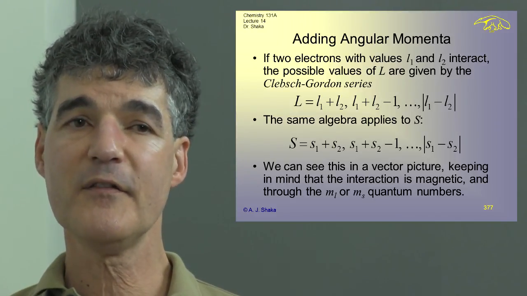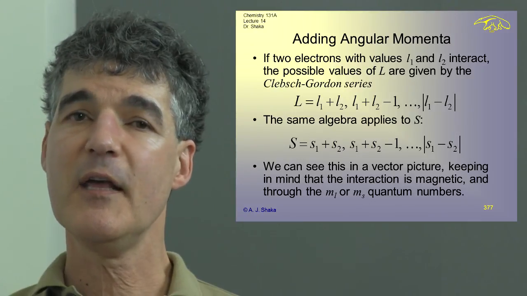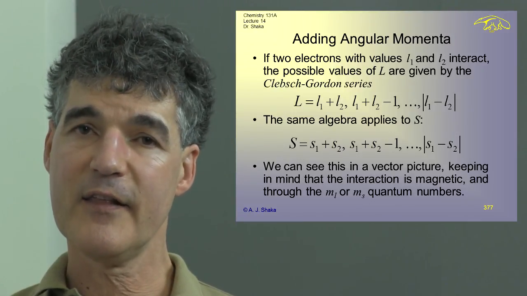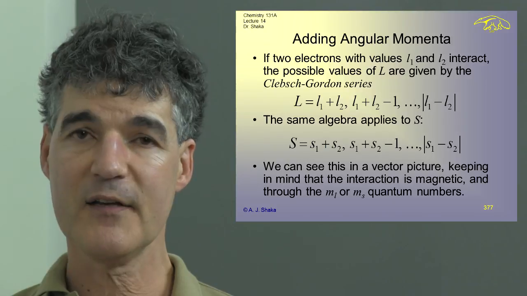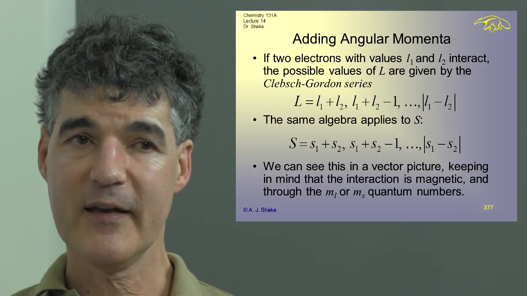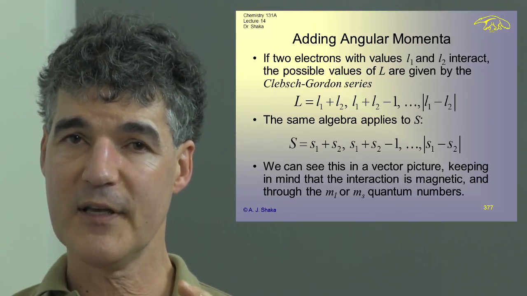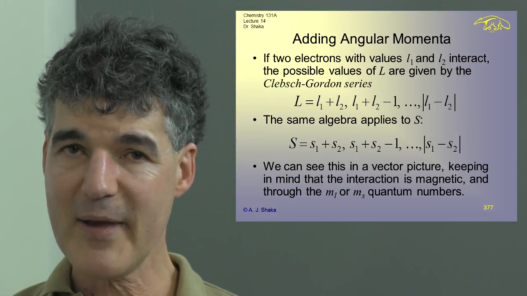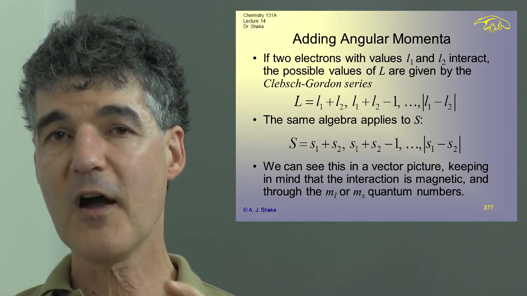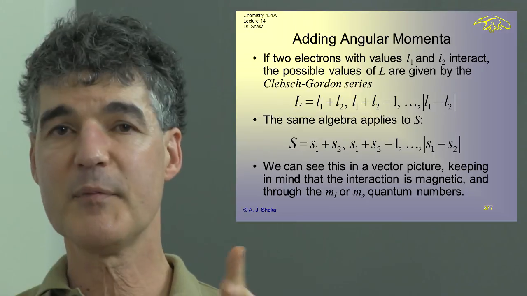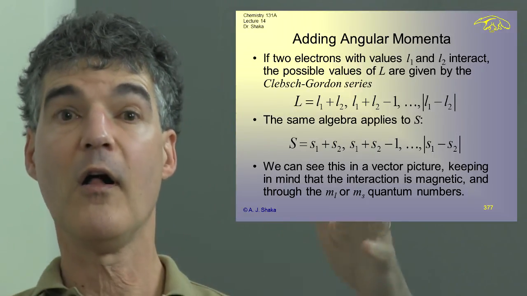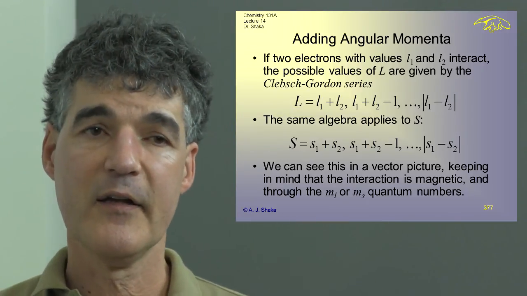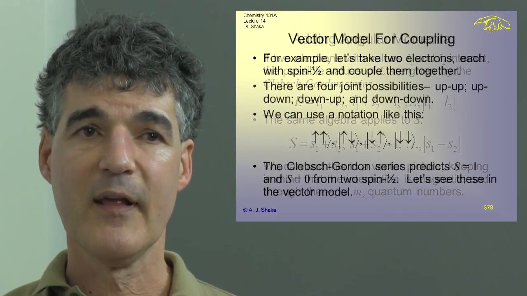And we can see this in a vector picture, keeping in mind that the interaction between these guys is magnetic in nature. So it's the little bar magnets that are doing the talking here, and then they're adding up in certain ways to give these overall angular momenta that we observe.